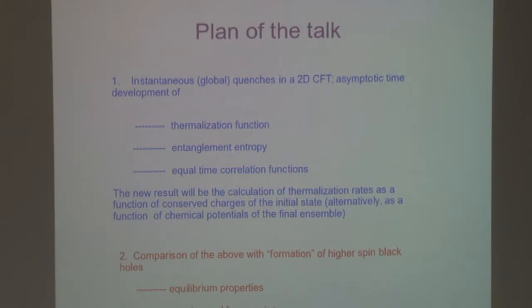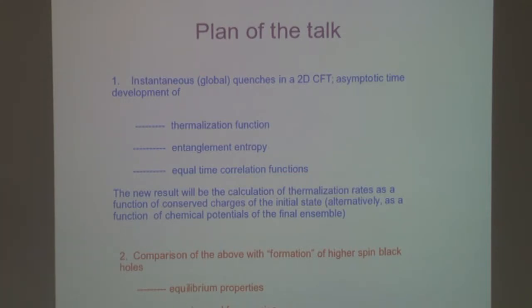But the other interesting thing that follows is that this approach to equilibrium is governed by an exponent, which we can compute from these conformal field theories using our methods, and that matches with the quasi-normal frequency calculation of these higher spin black holes.